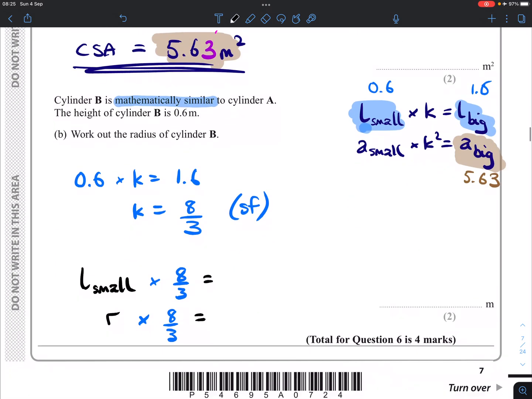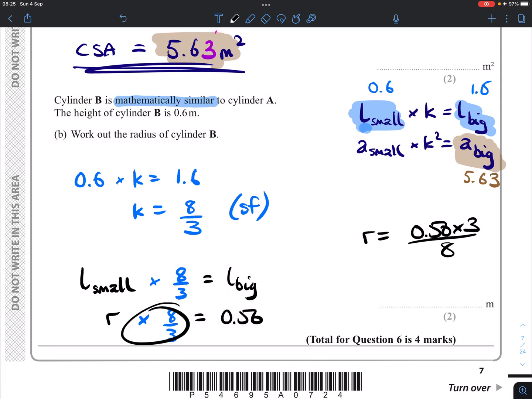And in order to get r by itself, there's a few ways you can look at this, but the simplest one would be we're going to multiply 0.6 by 3 and divide it by 8. Or you could say you're going to divide both sides by 8/3. Either way, whichever you choose, as long as you get the correct answer, it will be fine. And in this case, our radius is going to end up being 0.21 meters. Done.